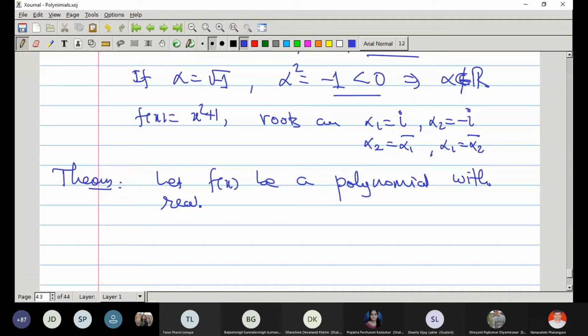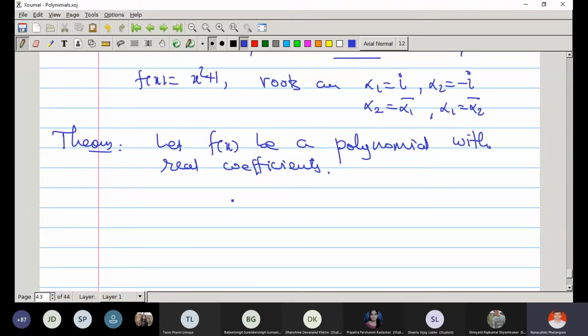If alpha is equal to a plus bi, where b not equal to 0, is a root of f of x, then alpha conjugate, equal to a minus bi, is also a root. Right? If a plus bi is a root, then its conjugate must be a root.